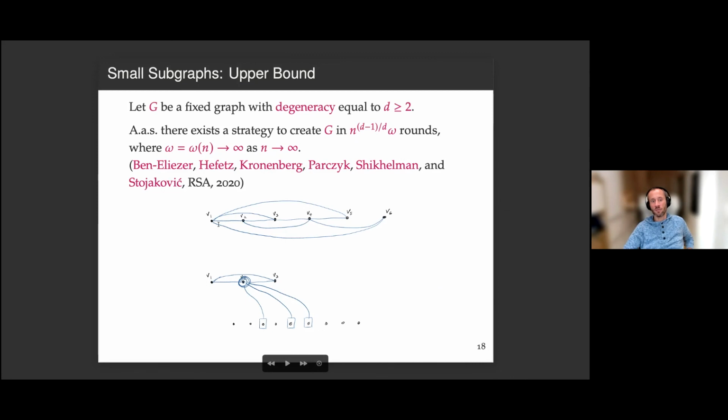So we want every vertex to be involved in at most D hyperedges to the left. And then of course you can use this property to create your hypergraph, because you know where to connect, where you put your circles once your square appears.